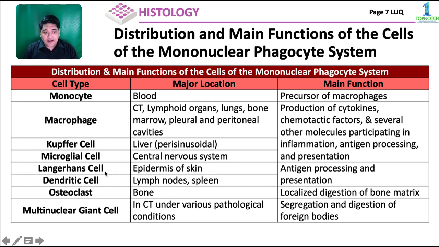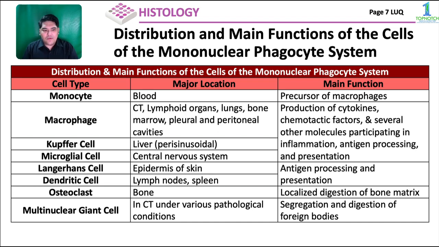And in the lymph nodes or spleen, it is your dendritic cell. In bone, remember this, important, your osteoclast. Grabe, no? The osteoclast is actually from the monocyte. What do we know from physiology? Osteoclast, C, destroyer of bone. If you don't know bone resorption yet, review.